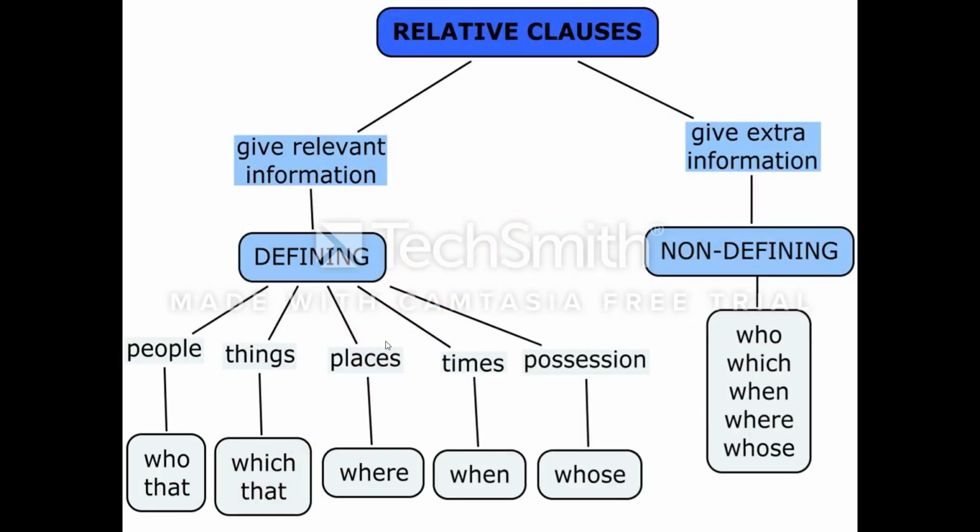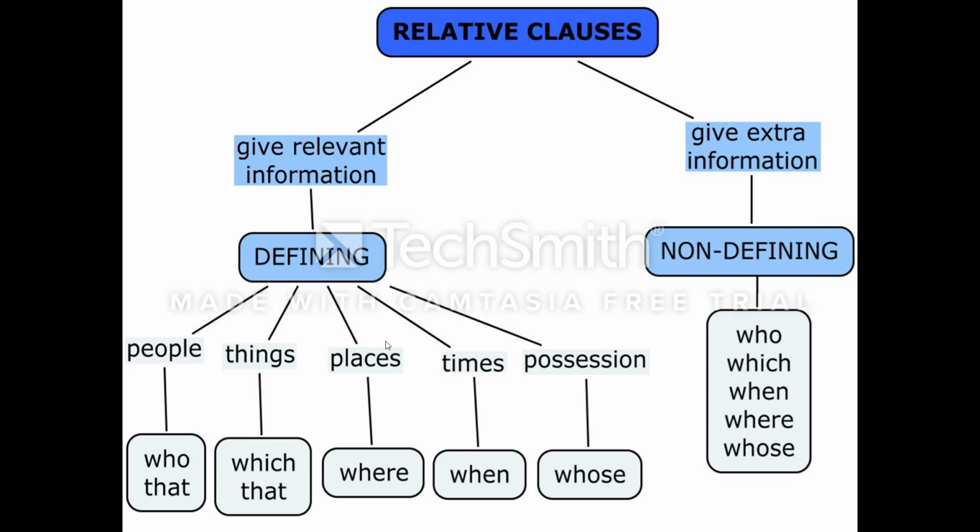There are two types of relative clauses: defining and non-defining relative clauses. Defining relative clauses give us relevant or important or basic information about the topic we are talking about. Non-defining relative clauses give us extra or additional information about the topic we are talking about.